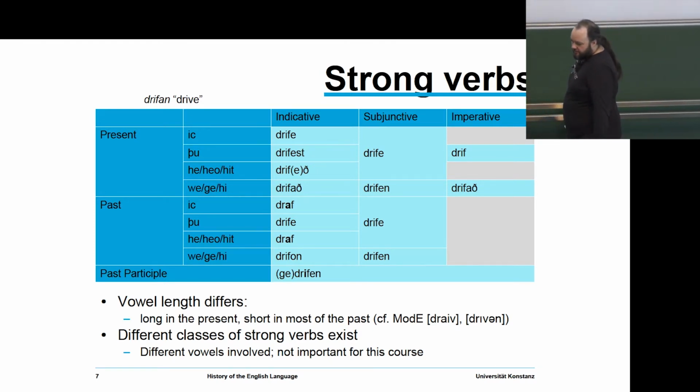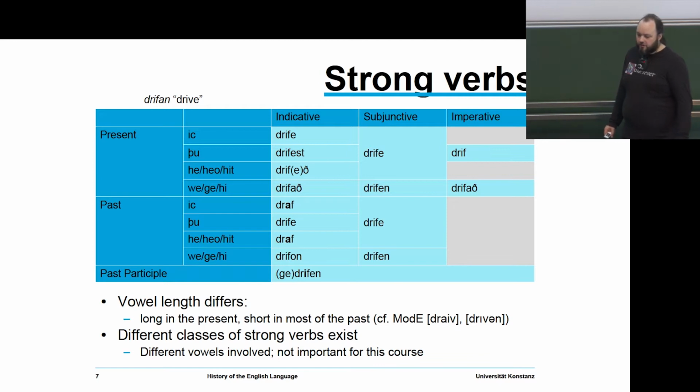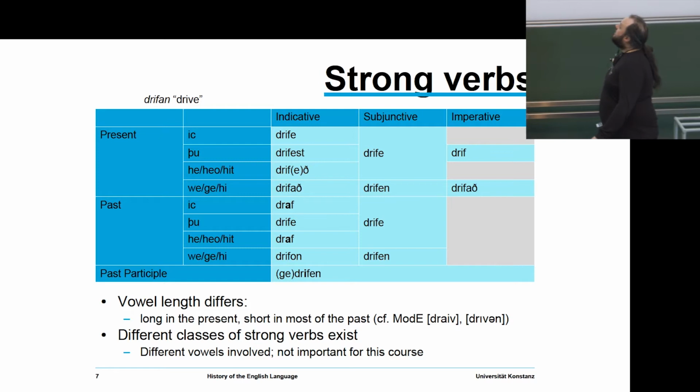The subjunctive is actually also quite simple. So in the subjunctive, you can see you've got just an E ending in the present tense for the singular, and an N ending in the plural. So the only variable here is whether you've got singular or plural.